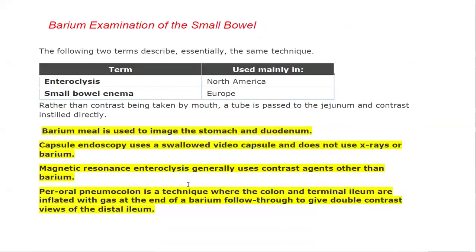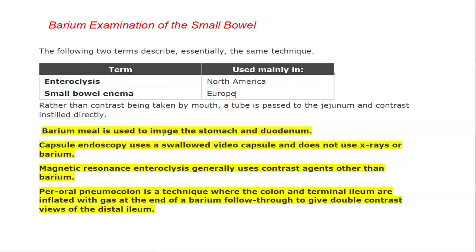Okay, what about the barium examination of the small bowel? We talked about the swallow and the barium meal. Now the small bowel examination by barium. It has two terms, enteroclysis, used in North America, and small bowel enema. This is a very important statement that comes in the exam scenarios.